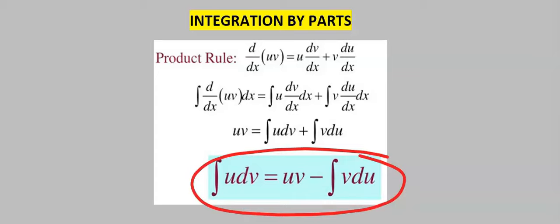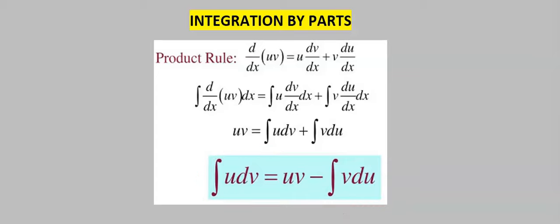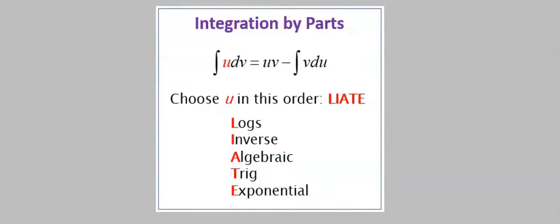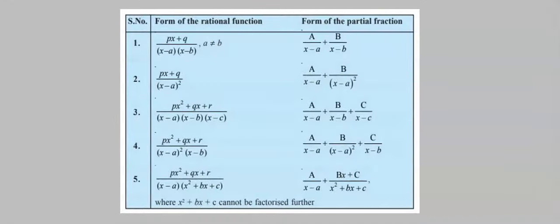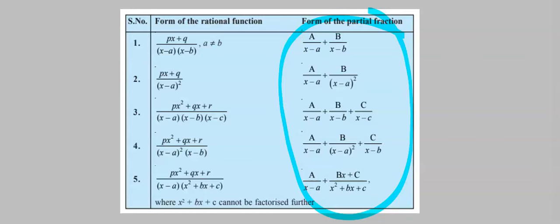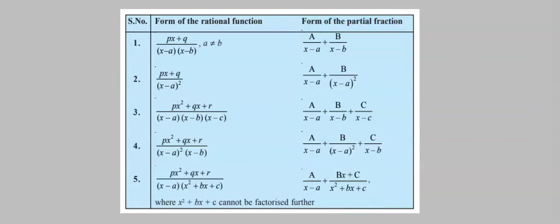When and how to use this formula is in a separate video. Consider this order when dealing with integration by parts. Consider the form of this partial fraction when dealing with rational functions in integration. Partial fraction will be covered in a separate video.